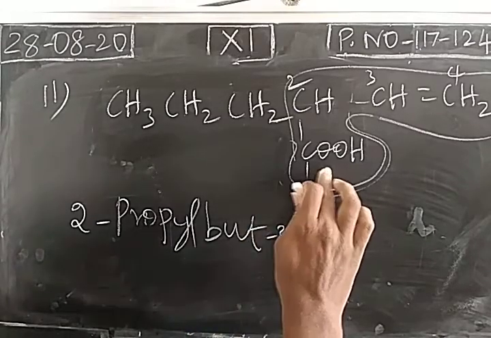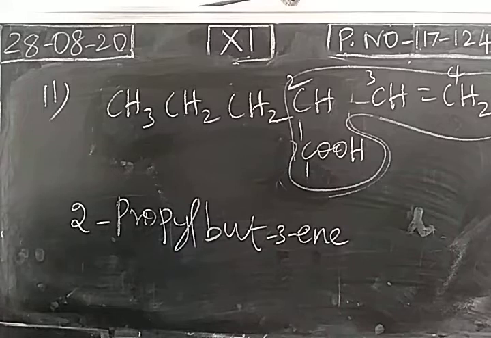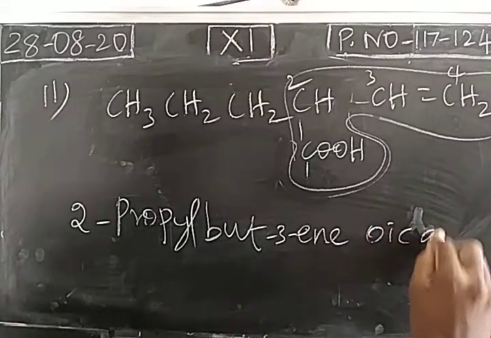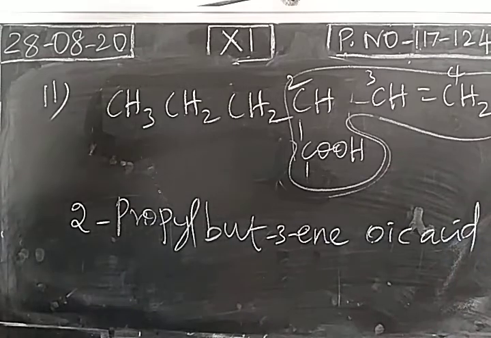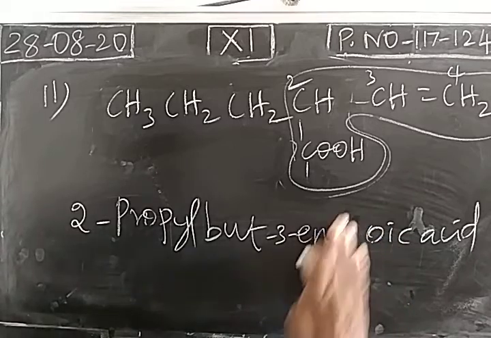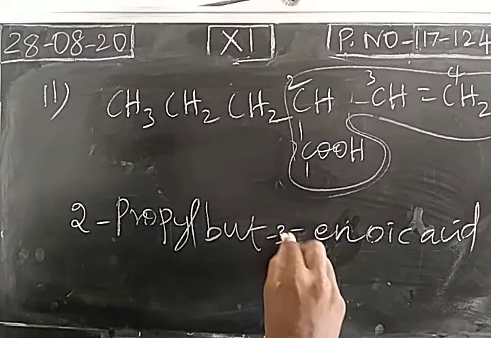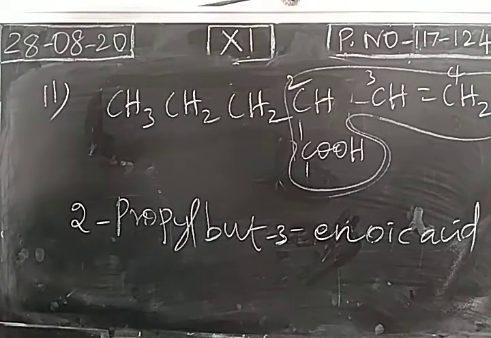Then the functional group is carboxylic acid. The secondary suffix for the carboxylic acid is oic acid. So when we join primary and secondary suffixes, the final e will be struck out. So this is the IUPAC name of this compound: 2-propylbut-3-enoic acid.